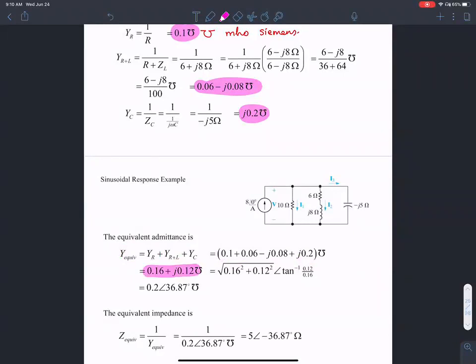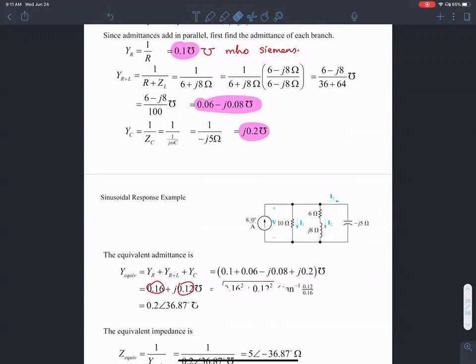0.16 plus j0.12 mho, not Siemens. Okay, then what I can do is find the magnitude, which is the real part squared plus the imaginary part squared, under the root.